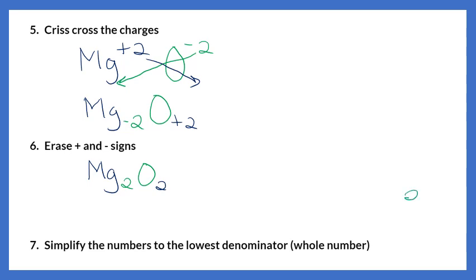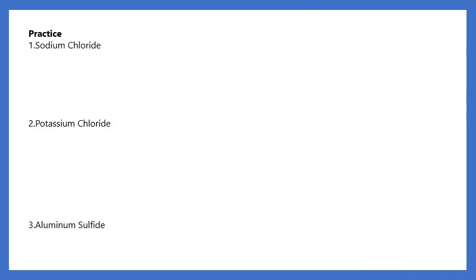Well, 2 divided by 2 equals 1. So we can simply write this chemical formula as MgO. That is our answer. So magnesium oxide is simply MgO. All right. That's easy. Let's move on to something a little bit more difficult.